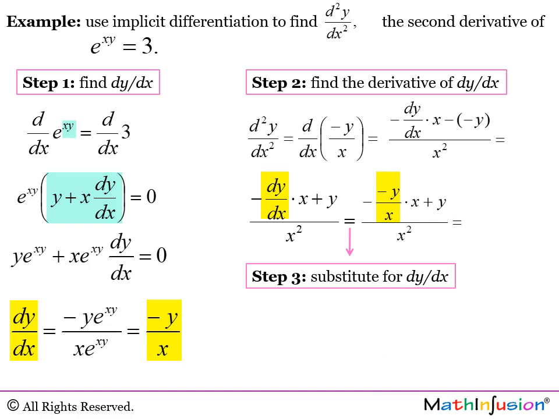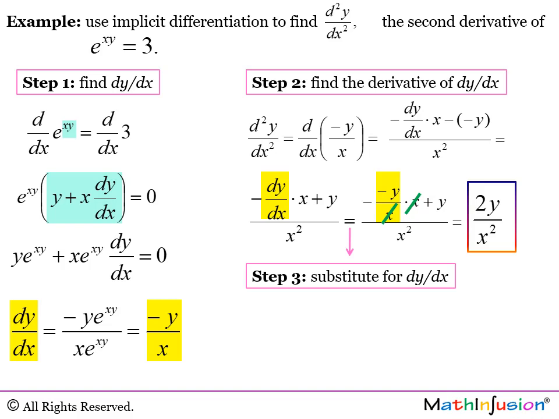And I get that. Only thing left to do is simplifying. For example, I can cancel the x in negative y over x times x. And I get negative y plus y, which is 2y over x^2.